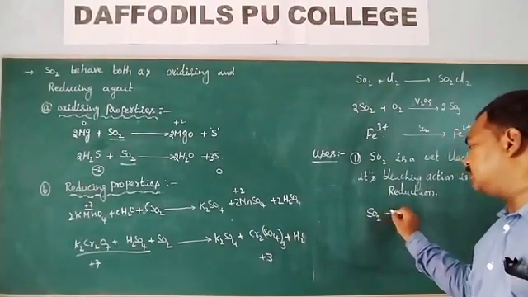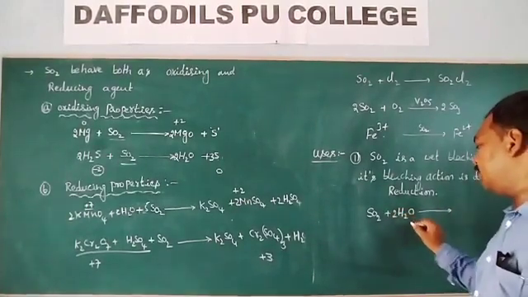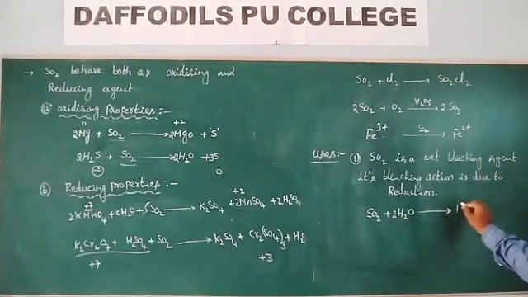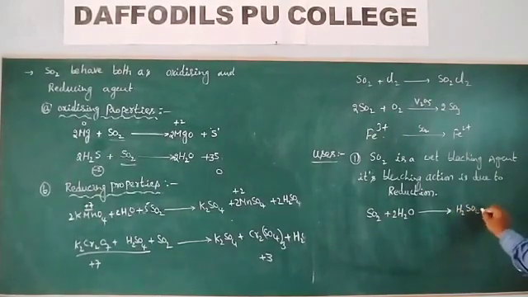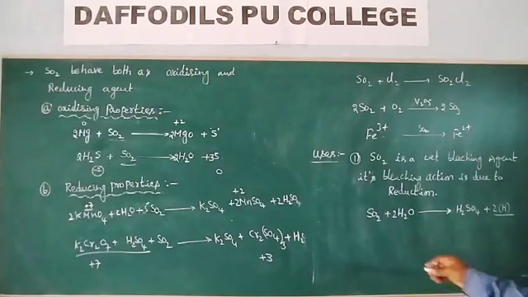When sulfur dioxide is passed through water, it forms sulfuric acid, H2SO4, and liberates nascent hydrogen.